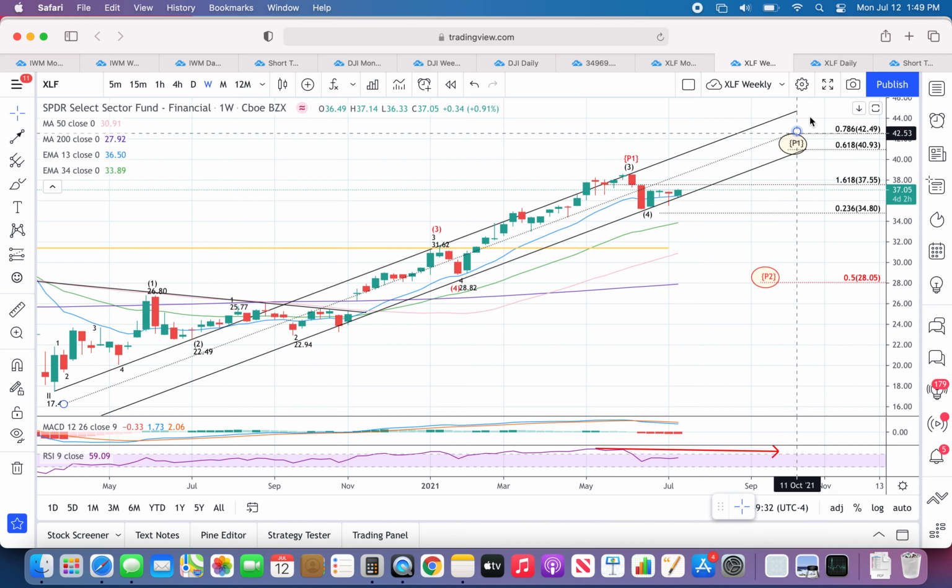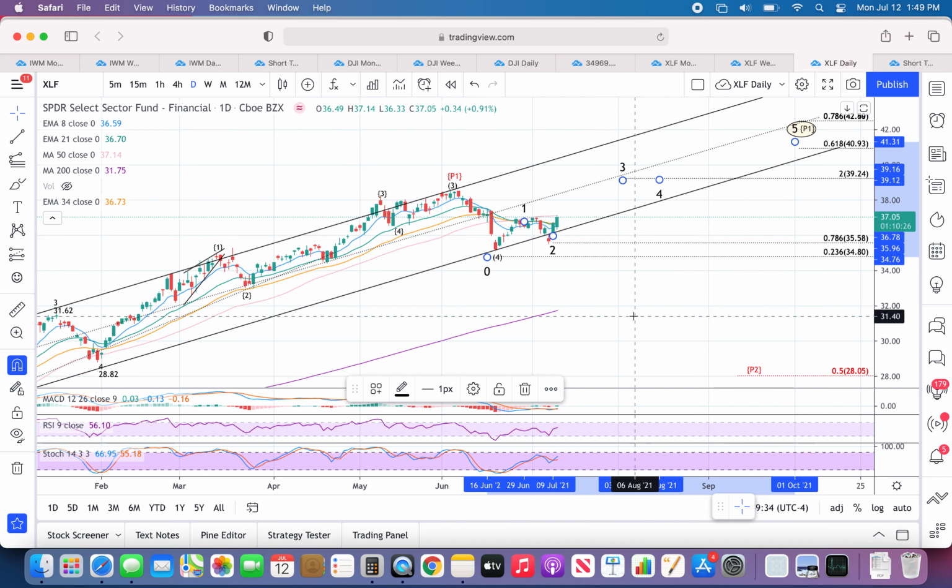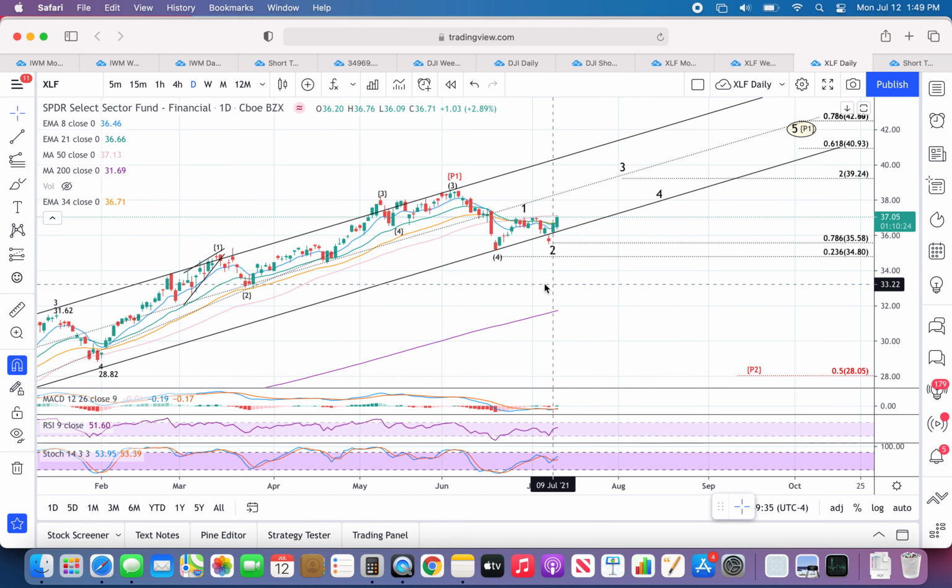And then getting into the daily detail, I think last week's higher low was a wave 2. So those that like to play the financials could have gotten a really good entry. And then, of course, right now it's kind of being held back by the 50-day moving average. That's what it's bumped up against today.